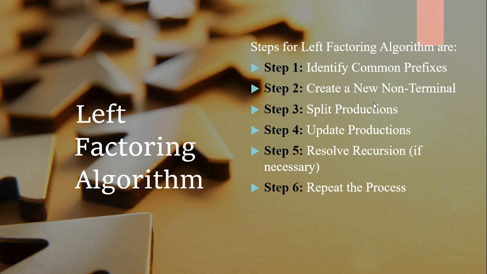Then update the production, which is being given. Then resolve recursion. Resolving recursion is used if there is a recursive grammar or recursive prefix. If there is no recursion, there is no need for this step.